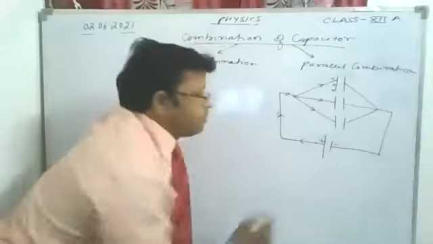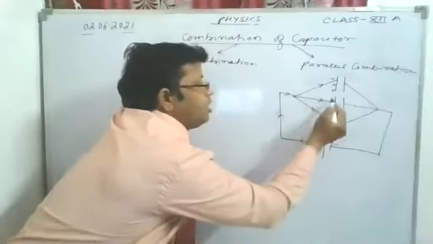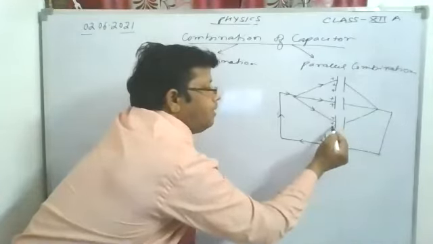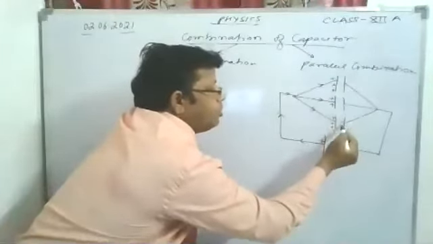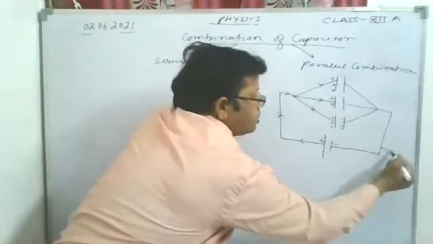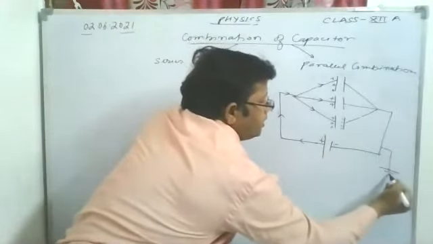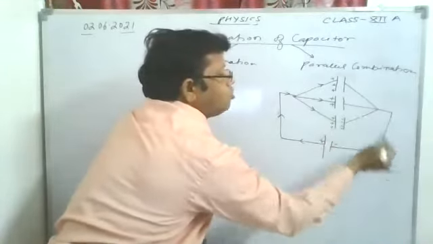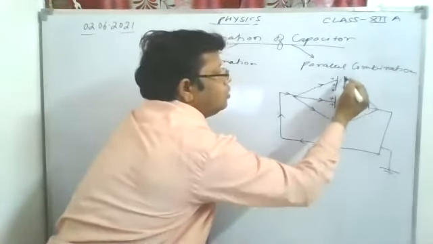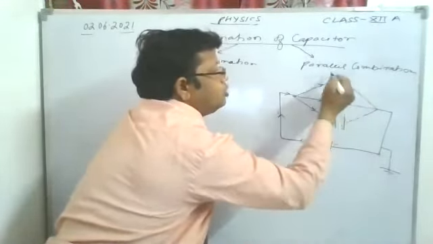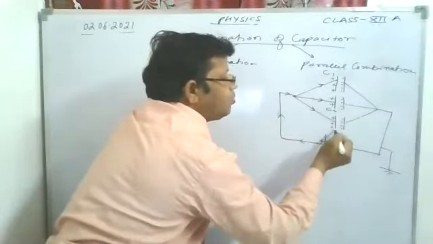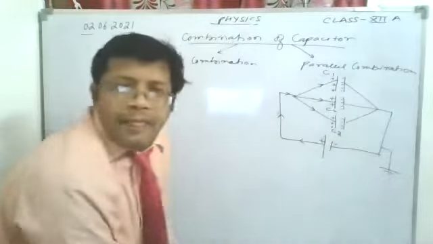By induction, negative charge will be induced. The negative plate is earthed so that positive charge on that side may move to the earth. So this is the first capacitor, this is the second, and this one is the third capacitor.